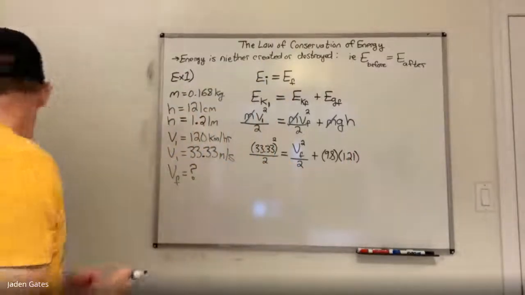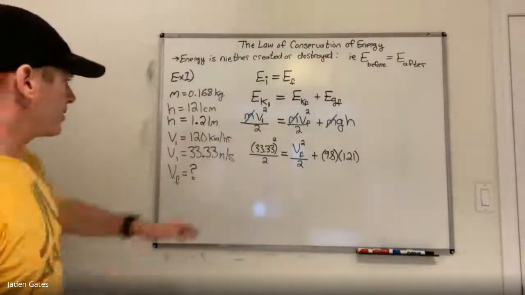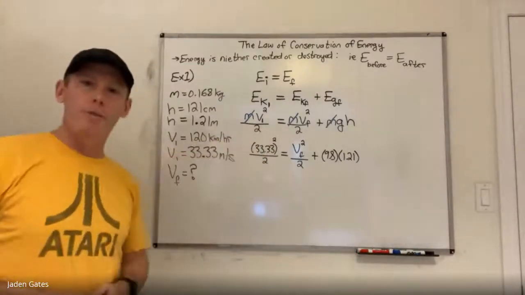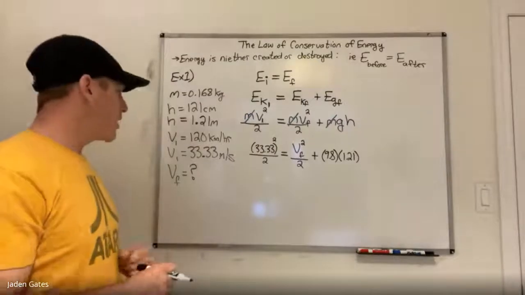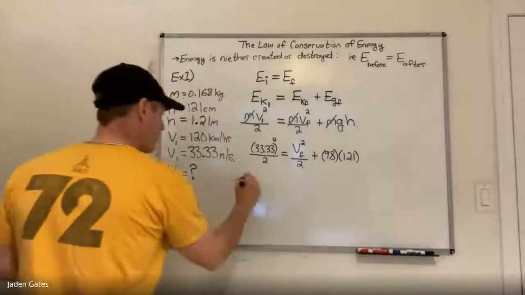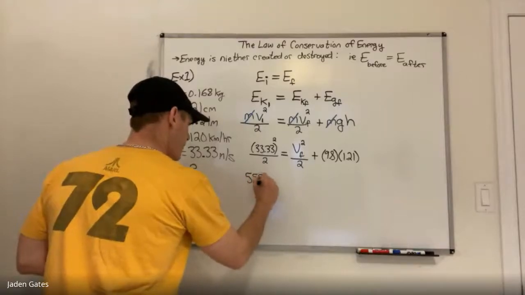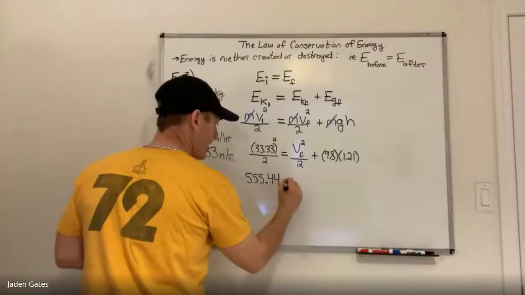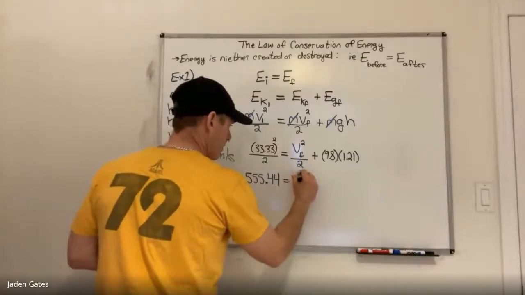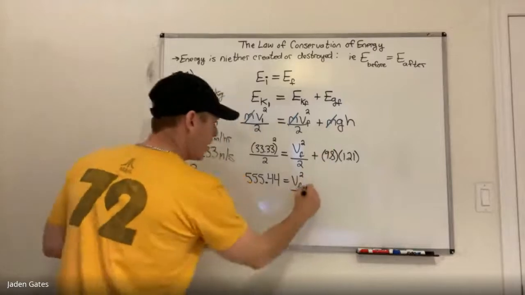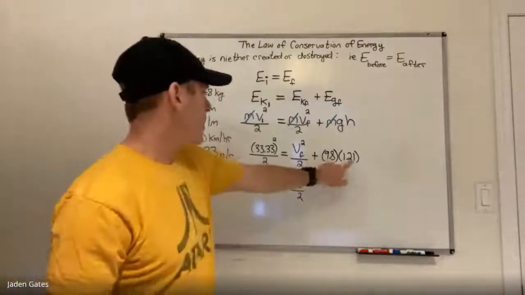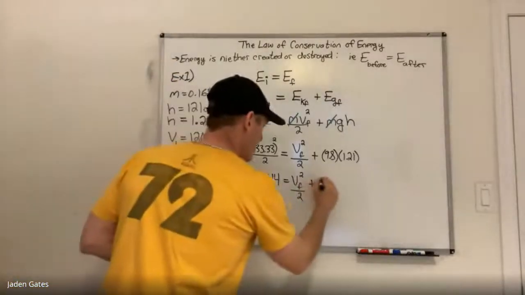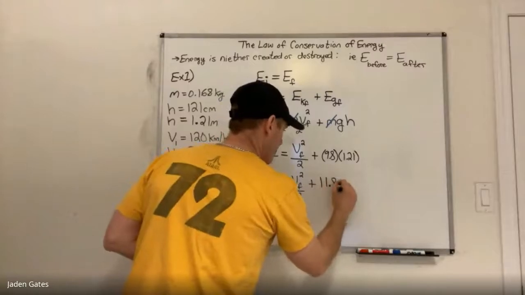Okay, now to simplify things, make sure you do the exponents first here. So 33.33 squared, then divided by 2. I'm getting, whoa, nice number, 555.44. Again, we have vf squared divided by 2, plus 9.8 times 1.21. That's got to be like 11 something, I'm thinking. 11.86.